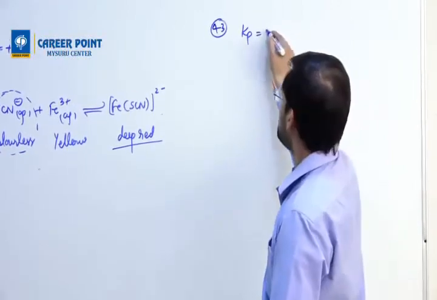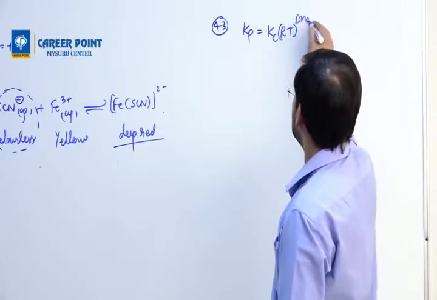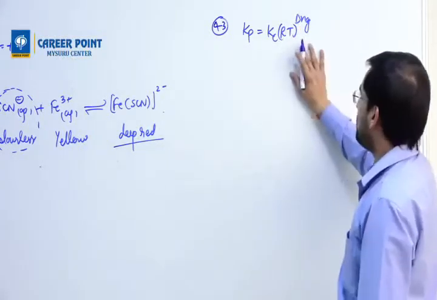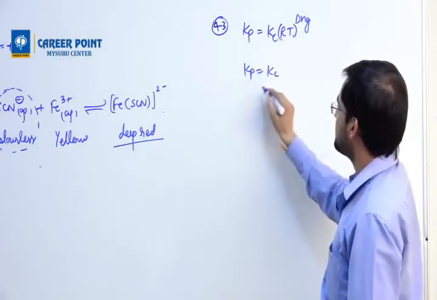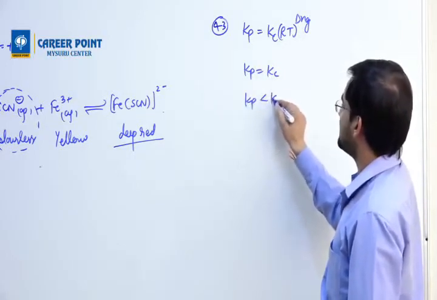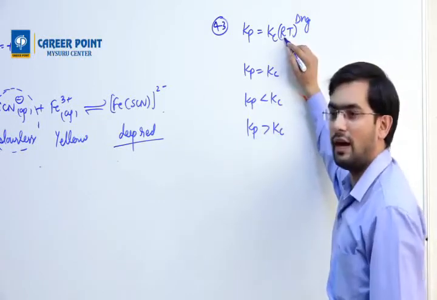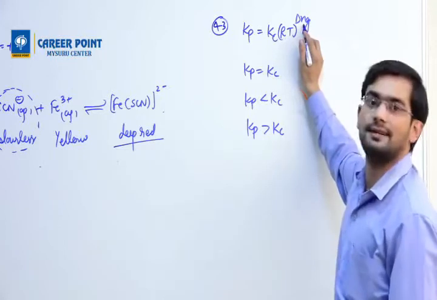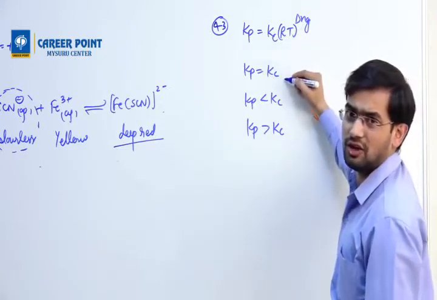I gave you the formula: Kp equals Kc RT power delta Ng. Kp can be equal to, less than, or greater than Kc depending on the values of R, T and delta Ng. Without a shortcut, you would have to solve all these values to get the answer.